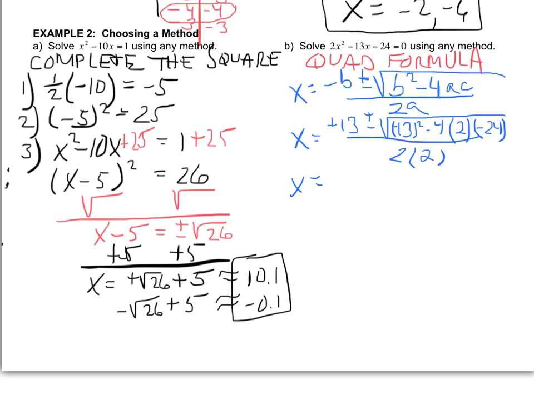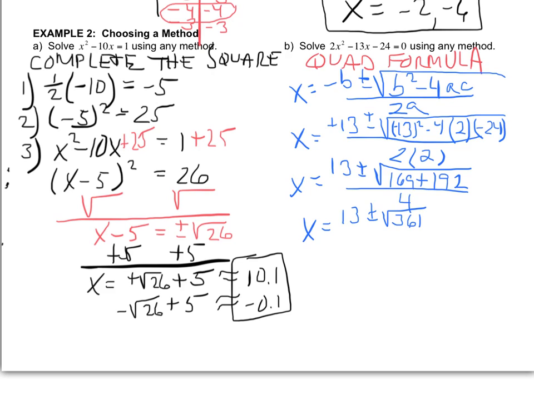I go a little bit further here, and I now have 13 plus or minus square root of 169 plus 192, divided by 4. x equals 13 plus or minus the square root of 361, all divided by 4.